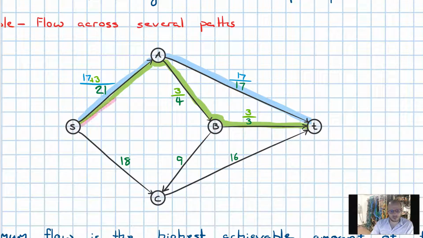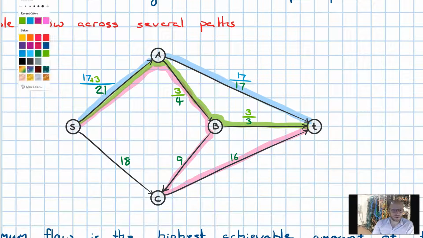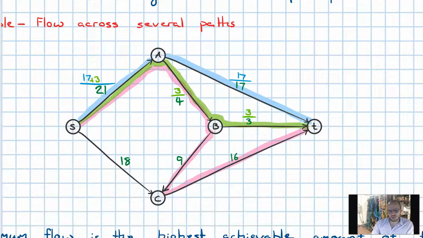We go from our source to node A to node B, down to node C, until finally getting to our sink. From there, we're bottlenecked. We've got 16 units of flow we can use here, 9 over here. We've got 1 unit left here, and also just 1 unit left here. So our bottleneck on this pathway is now 1. So I'll go plus 1.